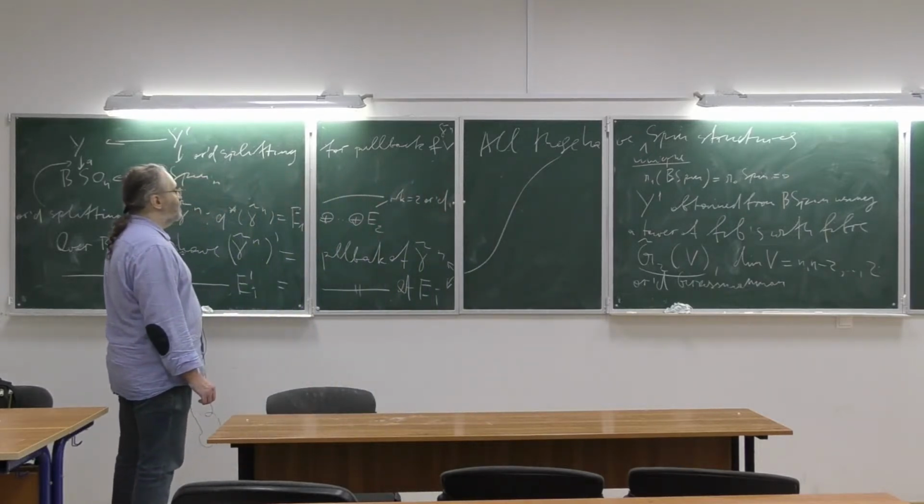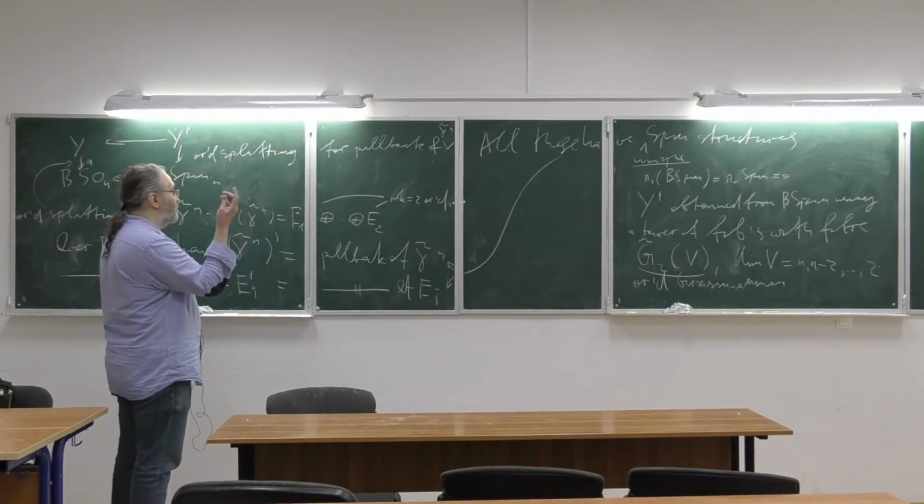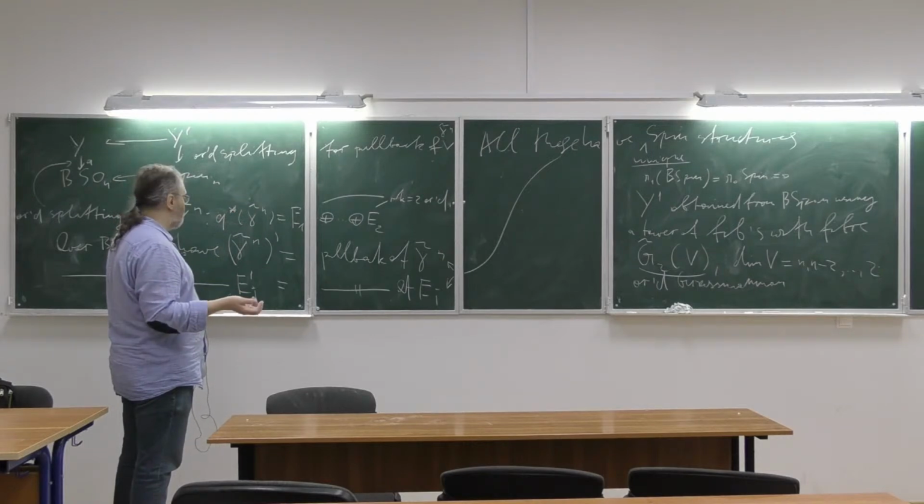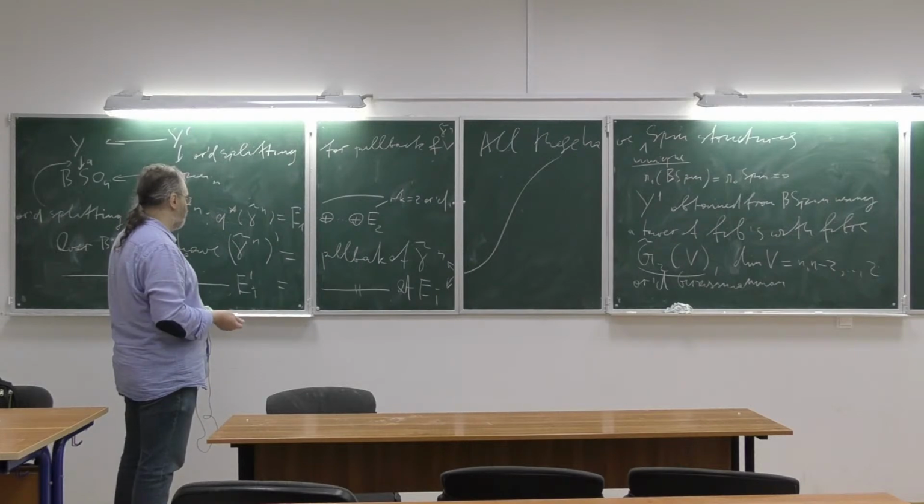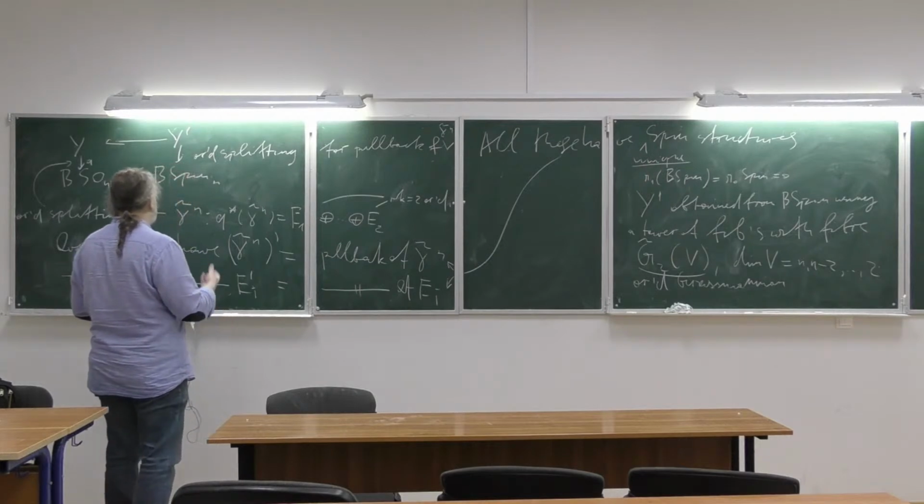Now there is a unique spin structure, if there is one. Now the question is why is there at least one? Well, let's calculate the Stiefel-Whitney classes.